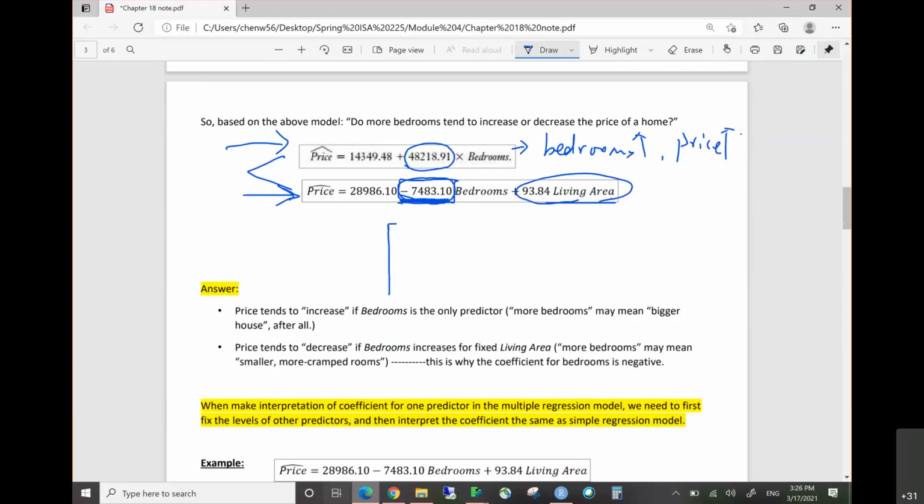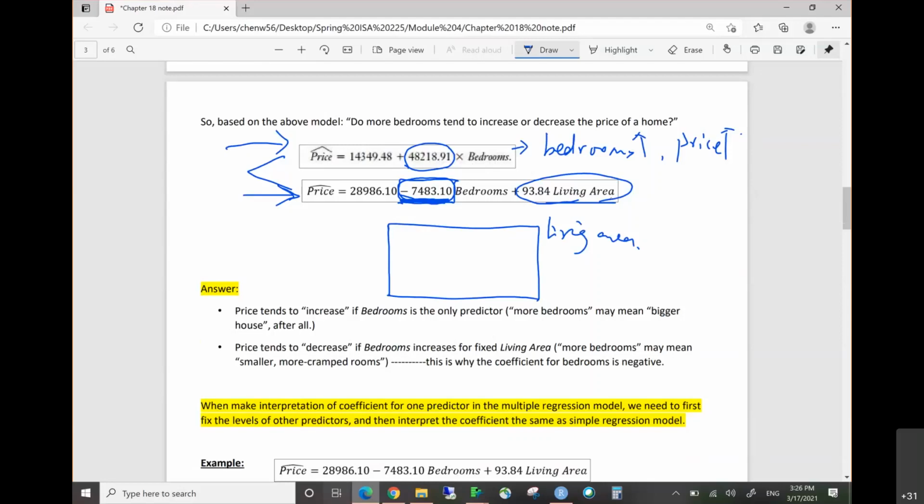If the living area of a house is already fixed, say just 4,000 square feet, and then within this living area you have one more bedroom, that means you are adding more bedrooms into this fixed living area.